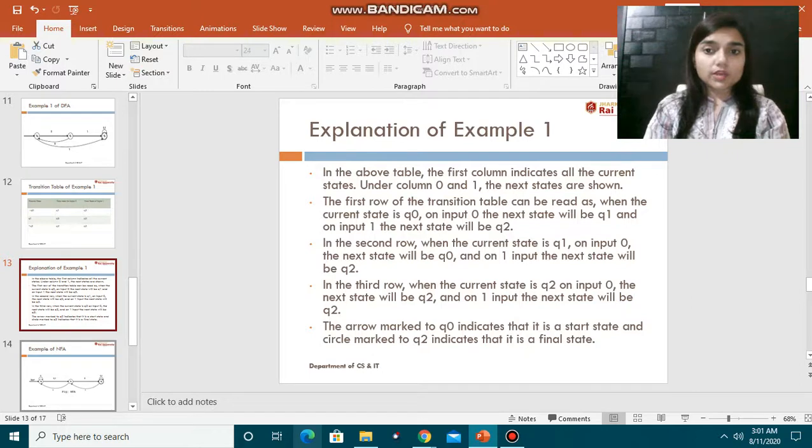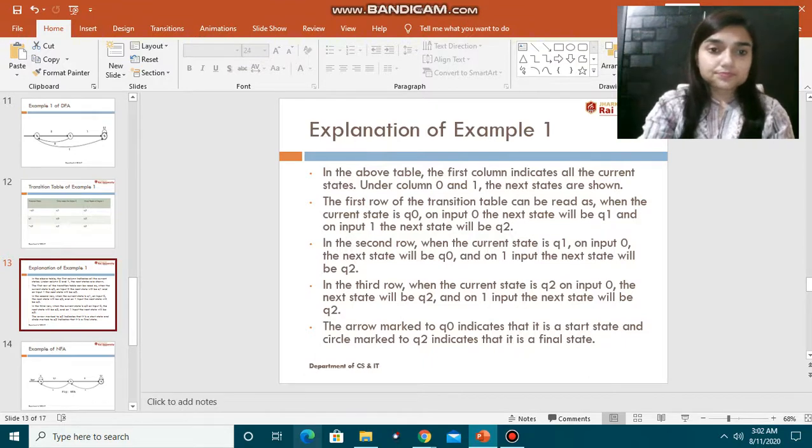In the second row, when the current state is Q1, on input 0, the next state will be Q0, and on input 1, the next state will be Q2. In the third row, when the current state is Q2, the next state will be Q2 because on giving 0 and 1, it remains on the same state. The arrow marked to Q0 indicates that it is the initial state, and the double circle indicates the final state.